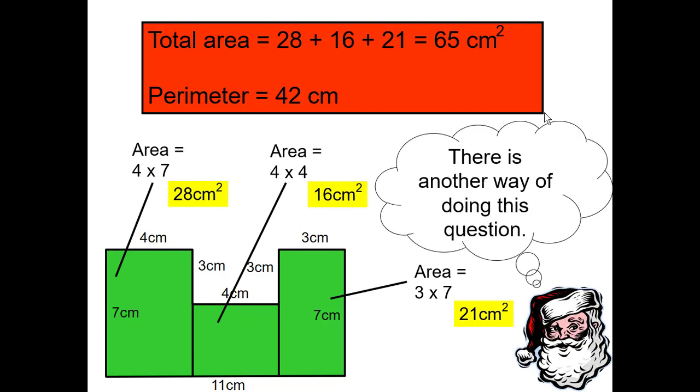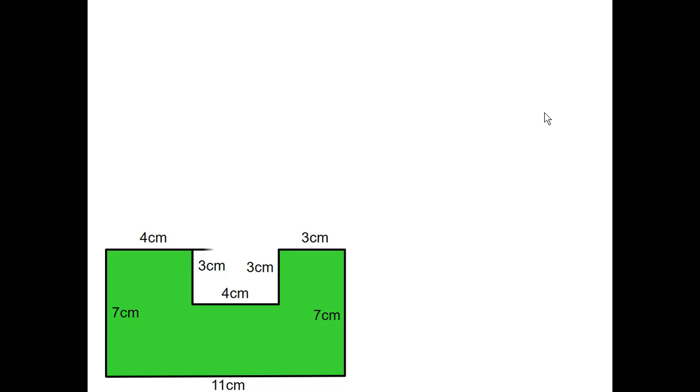There is another way that you can do this question. Luckily, look at it. You can join it like that. Look at the shape, at the white part, which is like a dish. See that? I have made it a full rectangle, just one rectangle, including the white space and the green one.